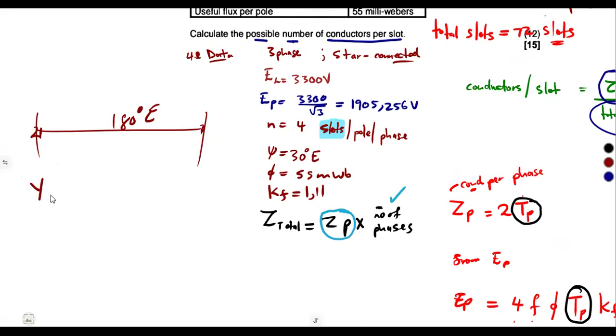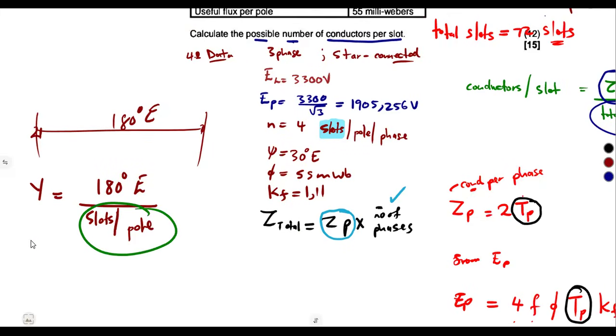We can calculate our slot pitch from there: 180 electrical degrees over the slots per pole. In this case, we are going to need the slots per pole. Do we have the slots per pole? We do not have. So this is how you connect these formulas, guys.